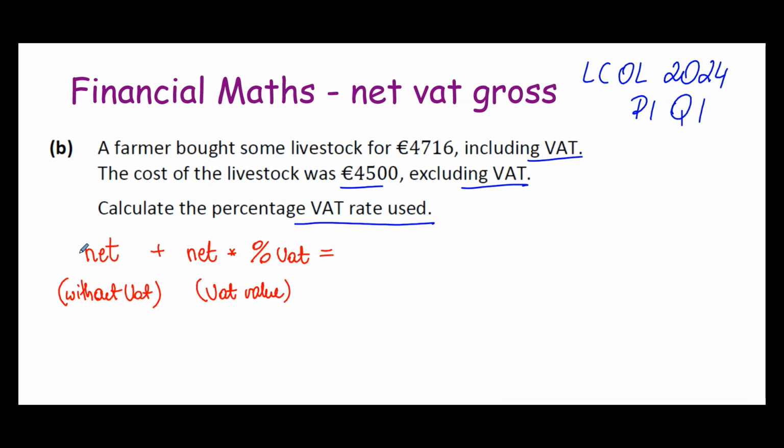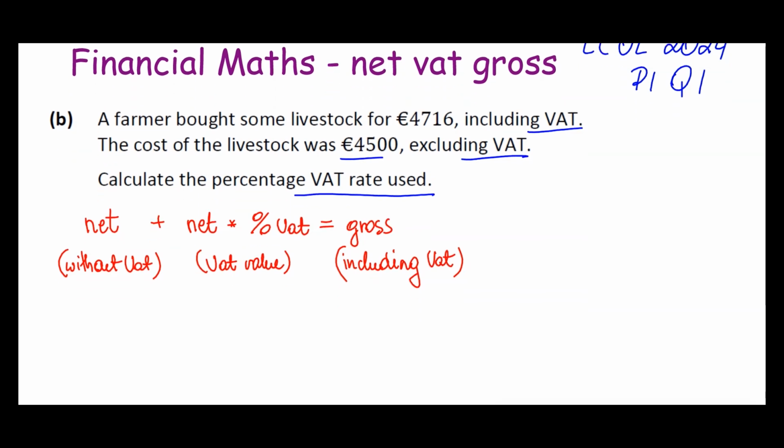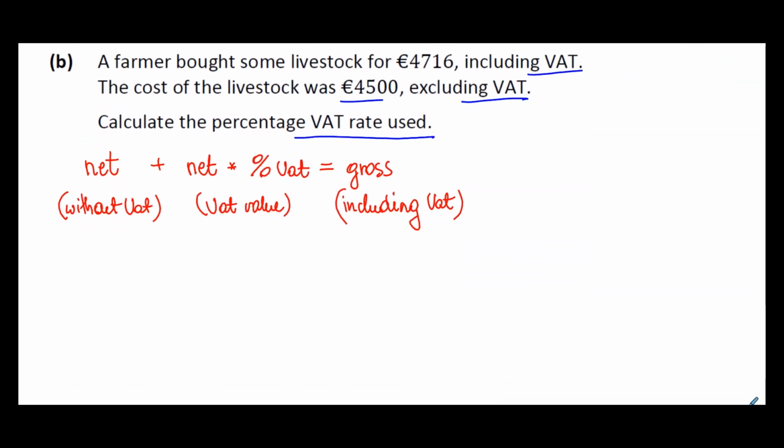And when we add those two values together, we get the gross value, meaning including or with VAT. Depending on what vocabulary is used in a particular year or question, but that's the main idea.